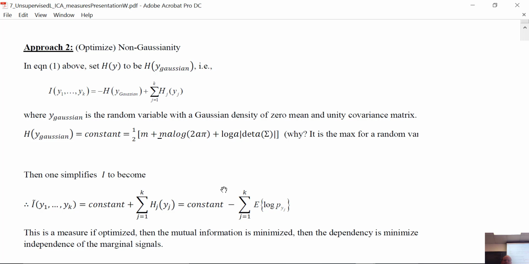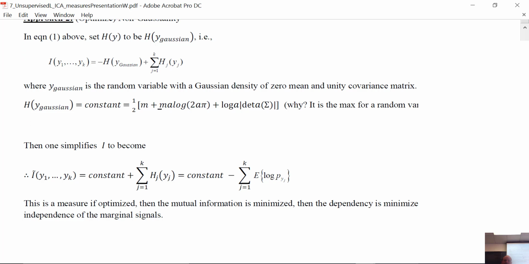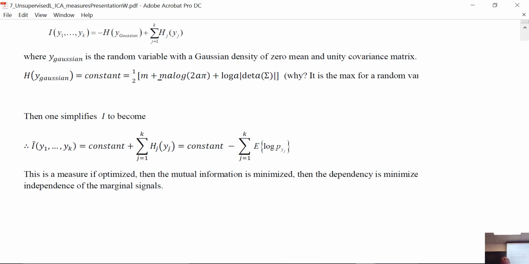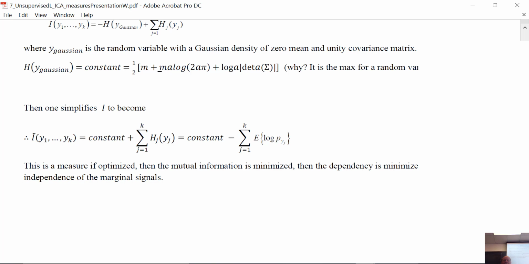So this mutual information becomes really just trying to optimize this expression, and this expression only relates to the marginal of the signal. So you don't have to deal with the joint density. You just deal with the marginal densities of each one.